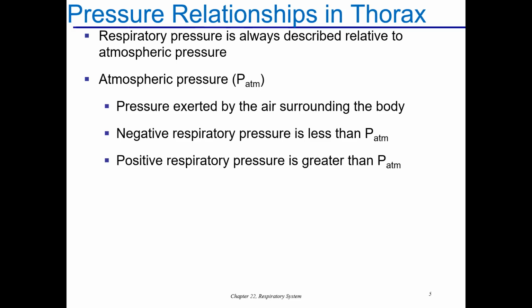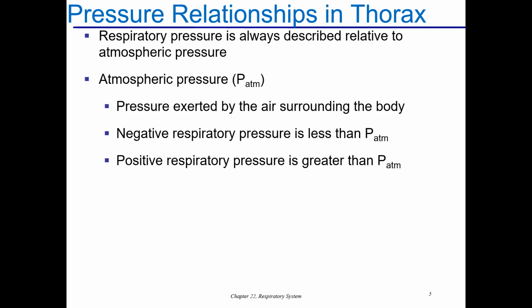Now, the whole idea behind breathing depends on changes in air pressure inside the lungs. Our bodies are under a great deal of pressure from the air. We're at the bottom of a gigantic column of air extending way up into the stratosphere.